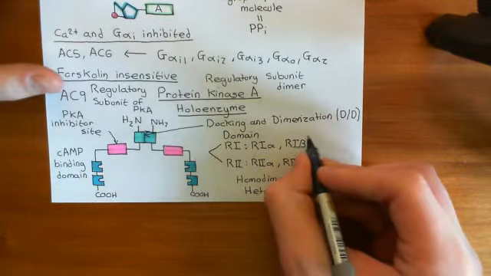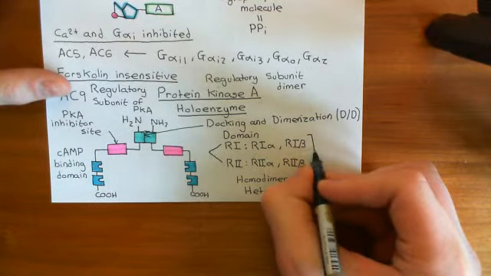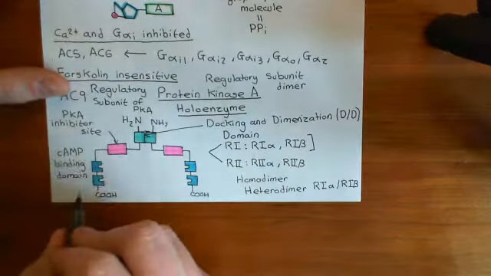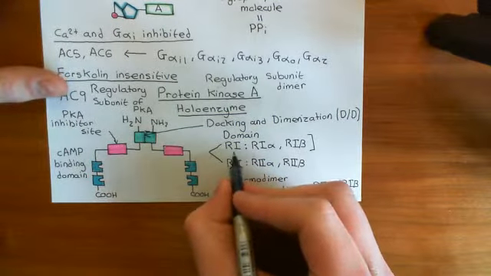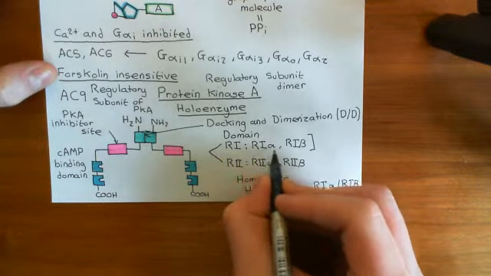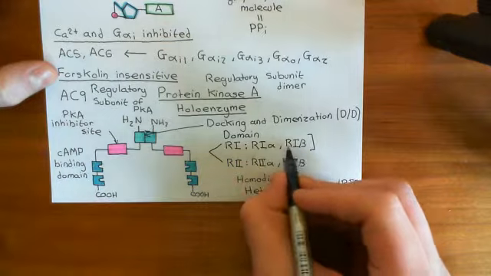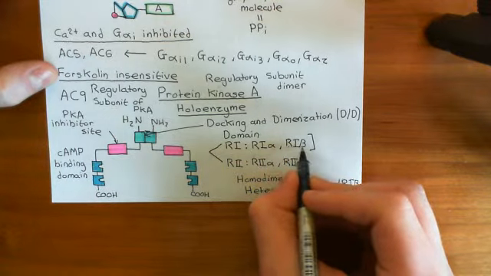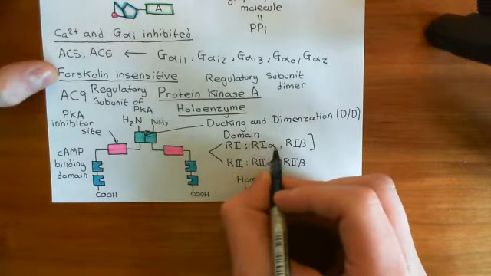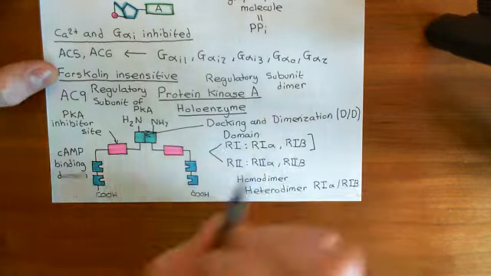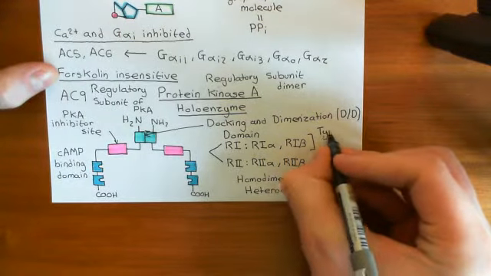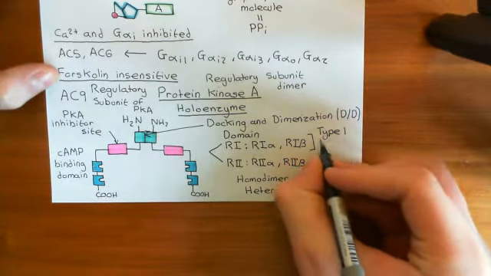But know for now that if you build a protein kinase A holoenzyme which has type 1 regulatory subunits, so it's either a homodimer of type 1 regulatory subunit alphas or a homodimer of type 1 regulatory subunit betas, or this one heterodimer where you have a type 1 regulatory subunit alpha with a type 1 regulatory subunit beta, then that's known as a type 1 protein kinase A holoenzyme.